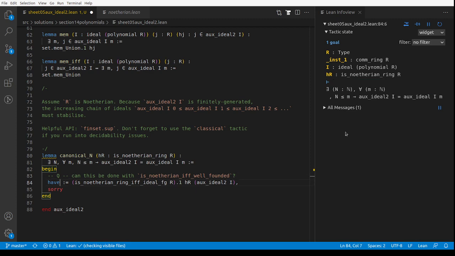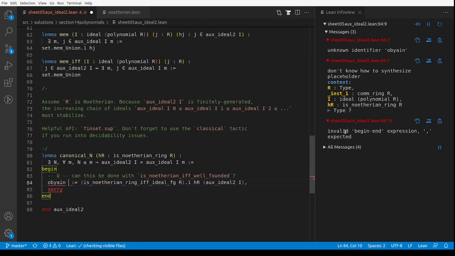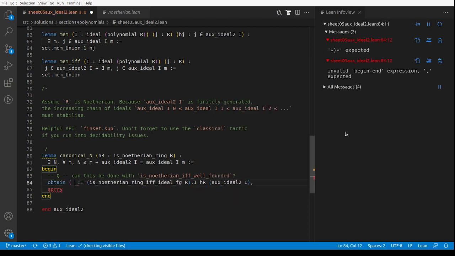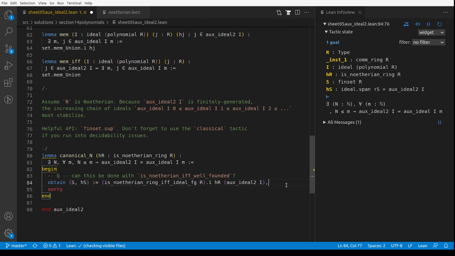I could probably do obtain, and this will be the finite generating set and a proof that it generates, I would imagine. Yeah. So we've used the fact that this aux ideal to I, this union, is an ideal, so it has a finite generating set.